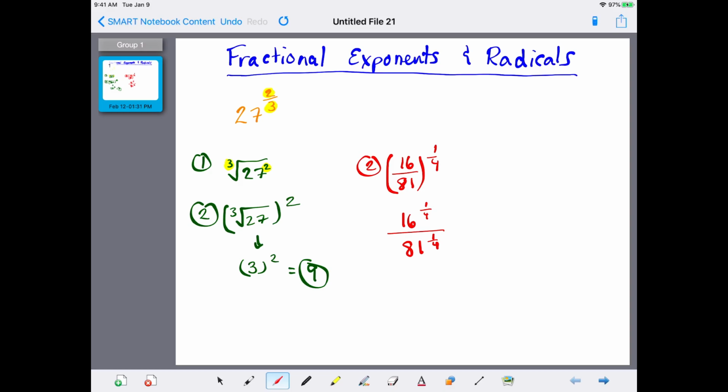So 16 to the exponent of 1/4 is the same thing as the 4th root of 16. And similarly, 81 to the exponent of 1/4 is equivalent to the 4th root of 81.